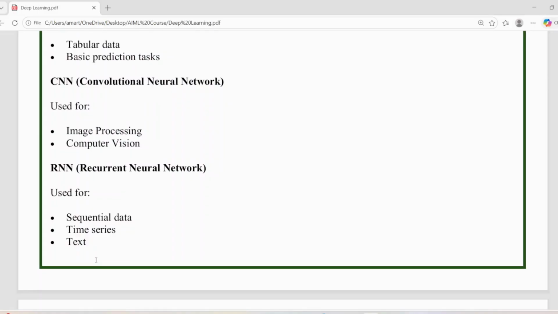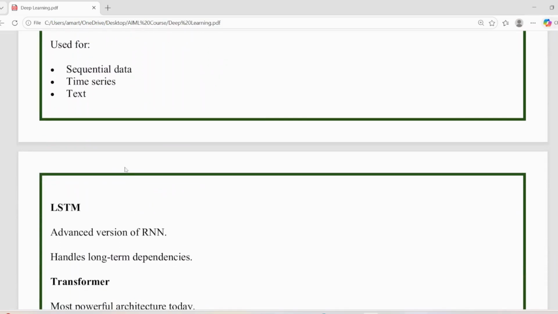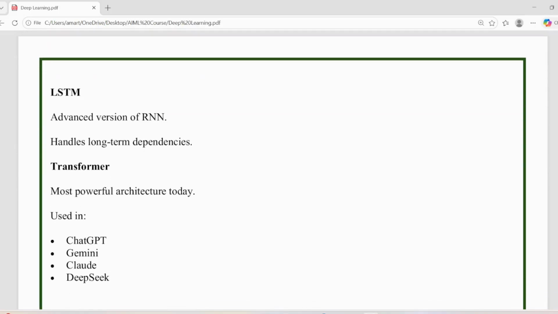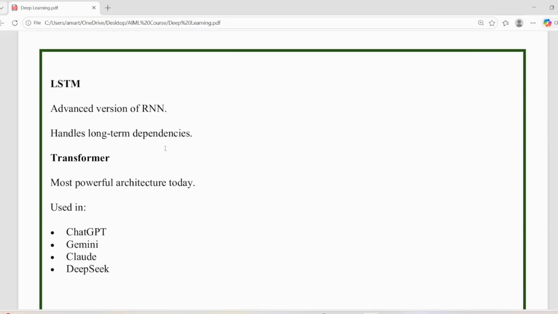Your "is blue" depends on your "sky", right? So this is how RNN works. LSTM is nothing but an advanced version of RNN. It handles long-term dependencies.